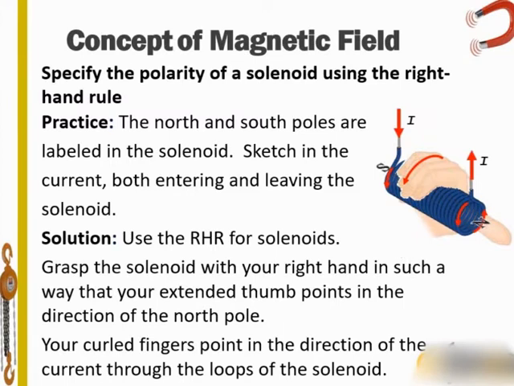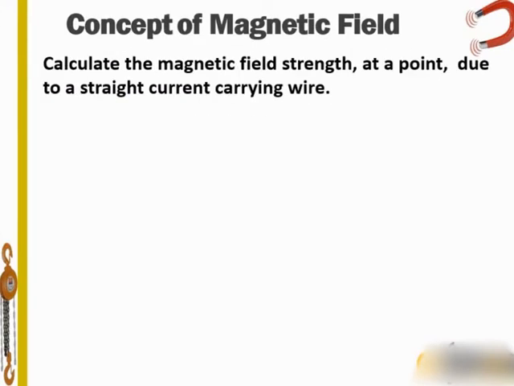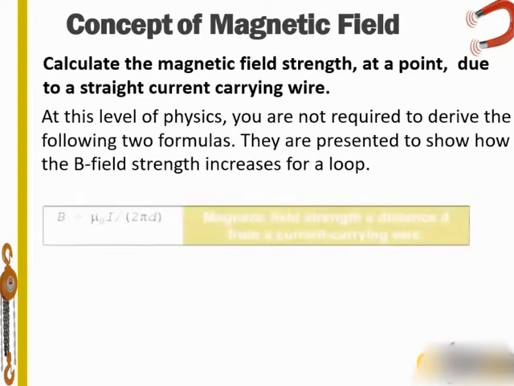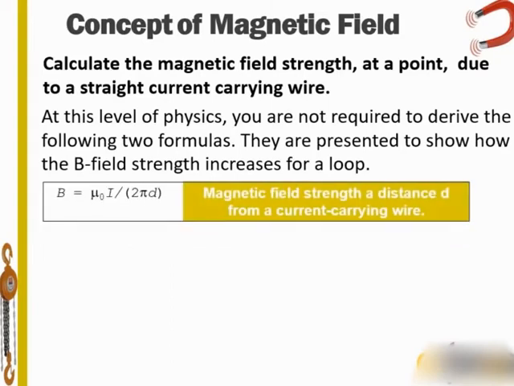Okay, so let's have a look at the calculation now. So we're going to calculate the magnetic field strength at a point due to a straight current carrying wire. So we're going back now to straight line current carrying wires. We're deviating a little bit from solenoids. We'll come back to solenoids in a moment.